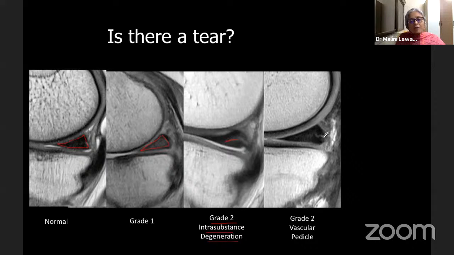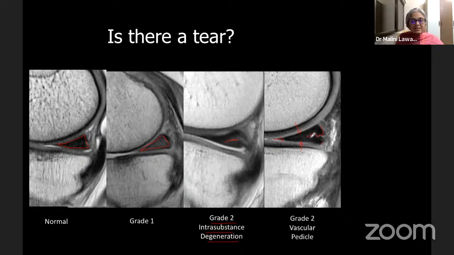You may very often see this kind of linear hyperintensity within the meniscus going from the periphery inwards, not reaching the articular surface. By articular surface, we mean the superior surface, the inferior surface, and the inner free margin. This posterior margin is not counted. Any of these superior or inner articular surfaces or this apex, if the signal reaches there, then it is abnormal.